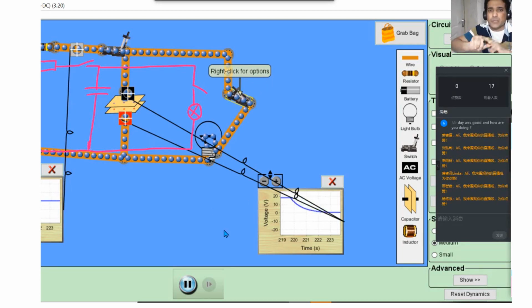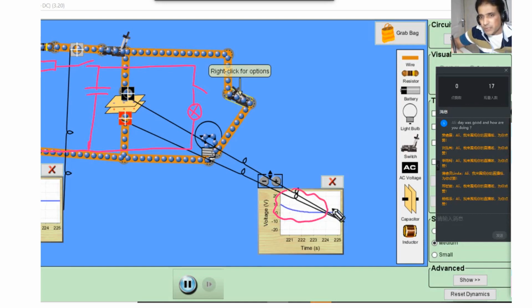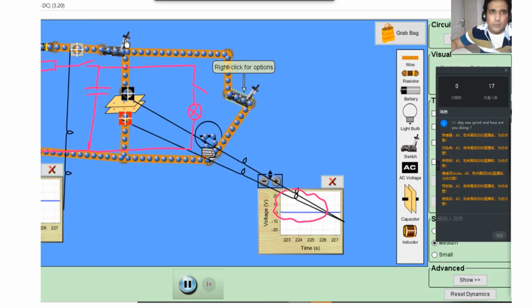And one thing you need to observe is that if you look at this curve, you see the voltage decrease across the capacitor. Now the voltage is almost 0 here. So let's start from the other end. We can open this now. Now we close this switch.